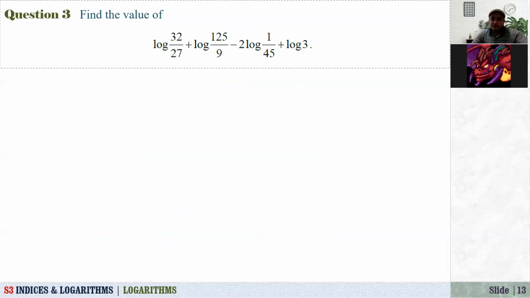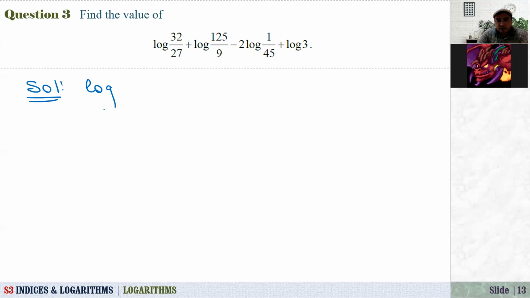Question 3. Find the value of this logarithmic expression again. So here we have log. That means all the bases are 10, right? So you see here, let me just write one expression here.